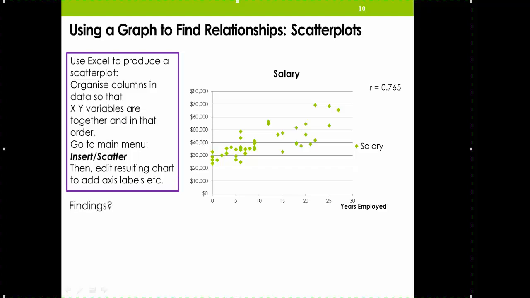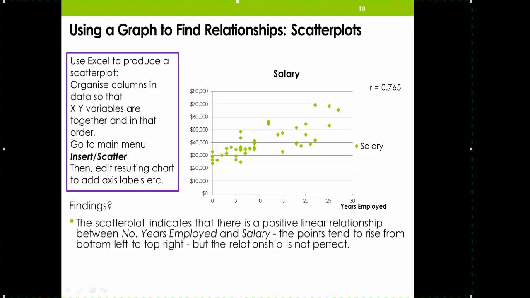So what can we see from that scatter plot? That scatter plot indicates that there is actually a positive linear relationship between number of years employed and salary. Now that's the first part of the statement, but you need to explain what it is about that scatter plot that tells you that the relationship is positive and linear.